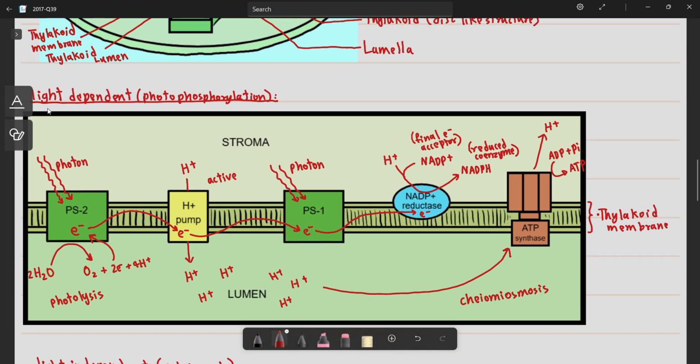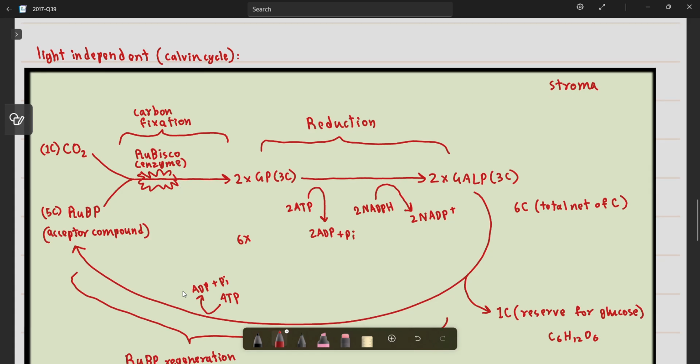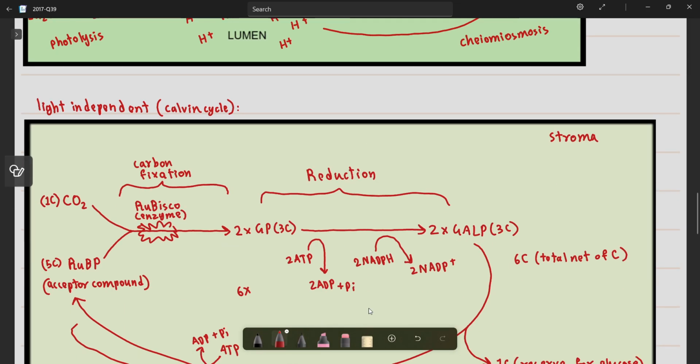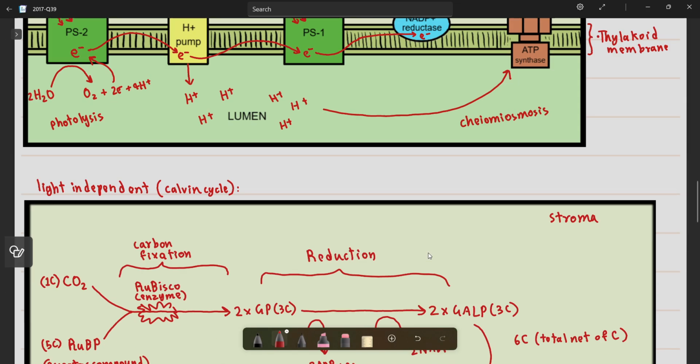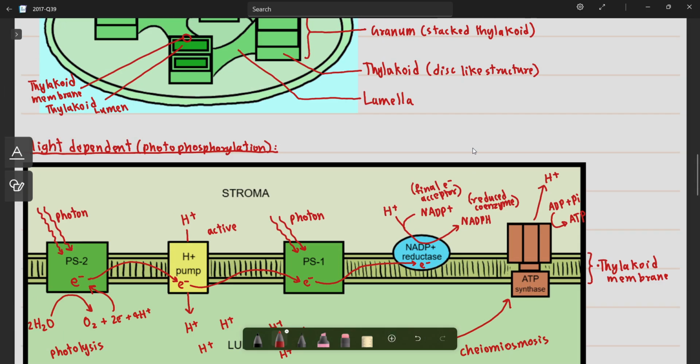The light dependent reaction primarily produces high energy molecules NADPH and ATP, which are fed into the Calvin cycle to power this process, where ATP is used over here and NADPH is used to reduce the compound GP into GALP. That's the entire diagram of photosynthesis. These two reactions together make up photosynthesis.